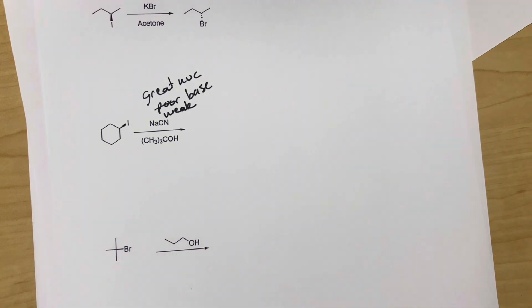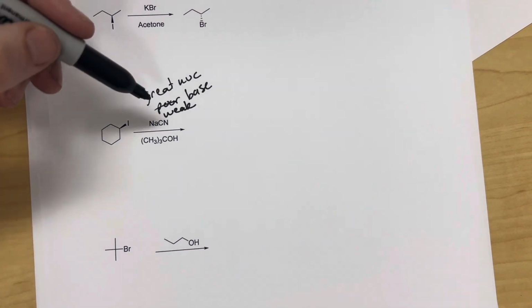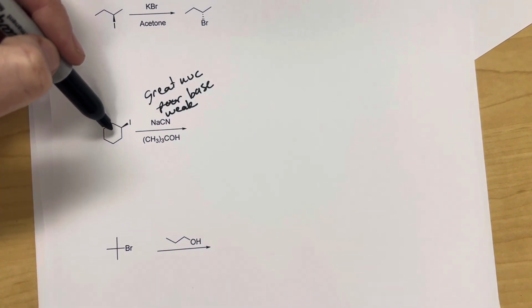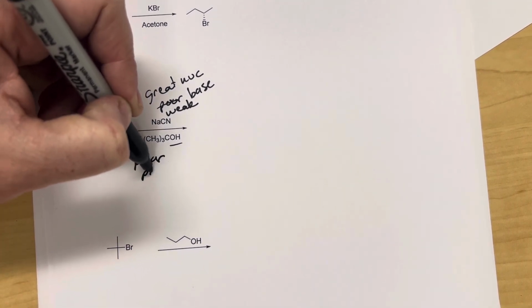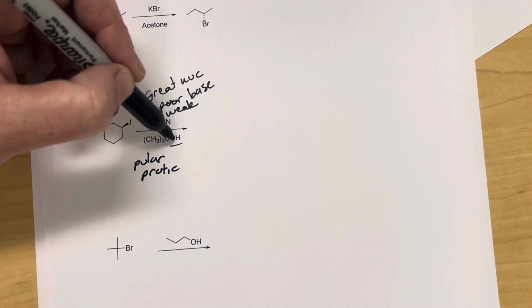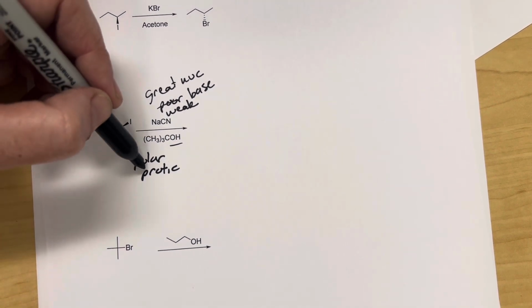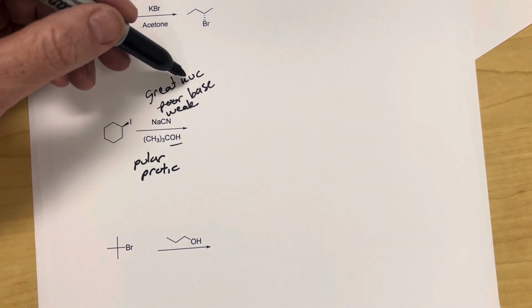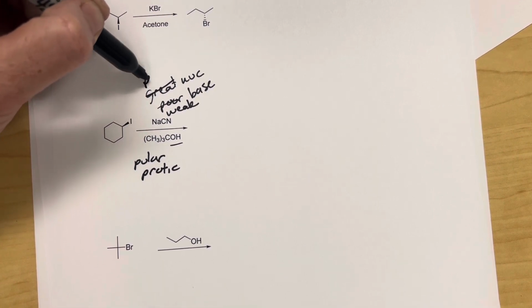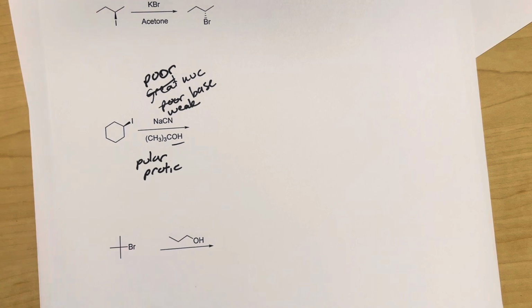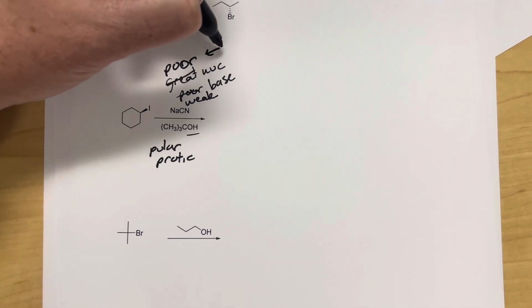It's a great nuke and you want it to come in and hit this right away. But the problem is it's in a polar protic solvent. We know that because it's got an O to an H. Remember, polar protic solvent reduces the strength of nucleophiles. It kind of switches them around. So instead of being a great nuke, now it is a poor nuke.